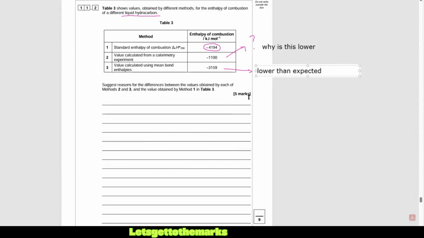It's nowhere near as bad as the calorimetry one, but suggest reasons for the differences between the values obtained by each of methods 2 and 3, and the value obtained by method 1 in Table 3. So basically, we need to say, why is the enthalpy from the calorimetry experiment much lower than this one? And why is the mean bond enthalpy lower than this one? So why are both of these not accurate?